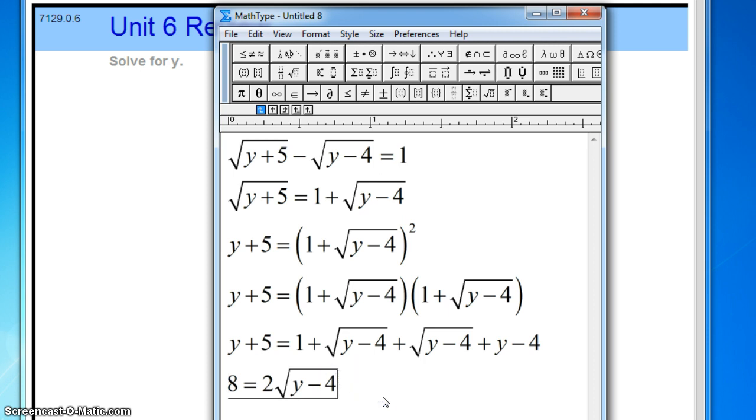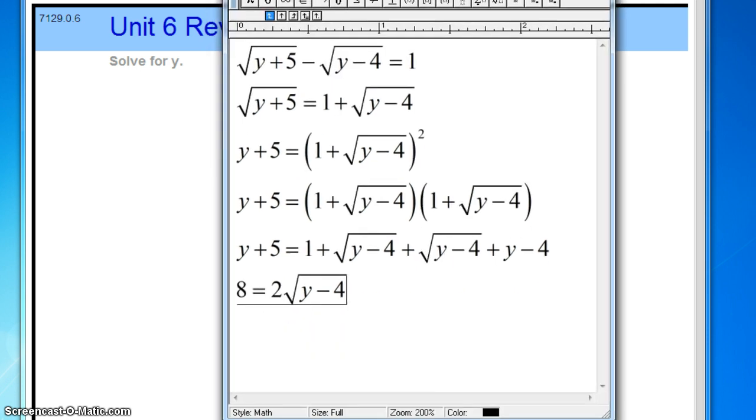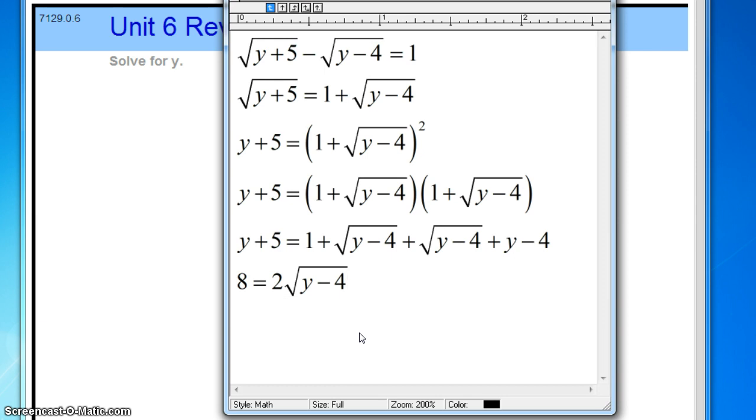And this should be right so far. This is what you should have. And again, feel free to pause this video, try it with me on your own. And again, we can simplify a little here. We can divide the whole thing by 2, right? They're both even numbers, so we'll divide everything by 2. We get 4 equals root y minus 4.